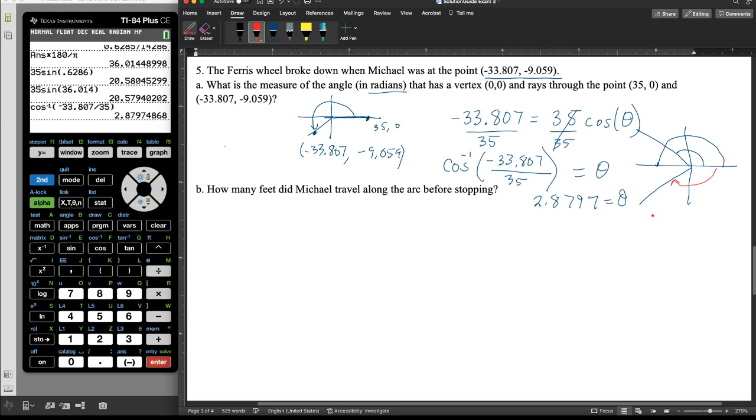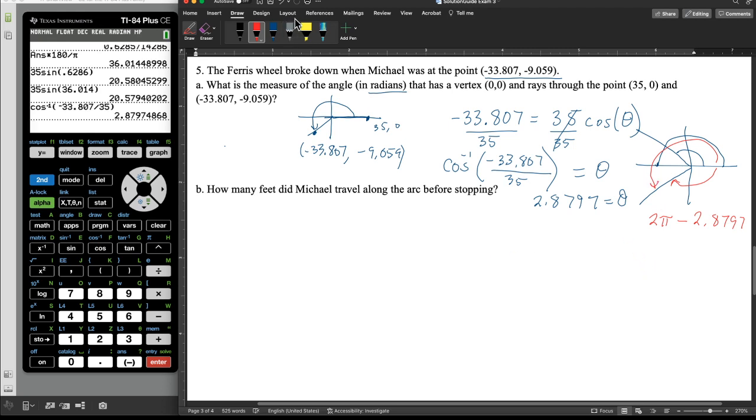So if we take 2 pi and subtract this angle, we will get this angle here.